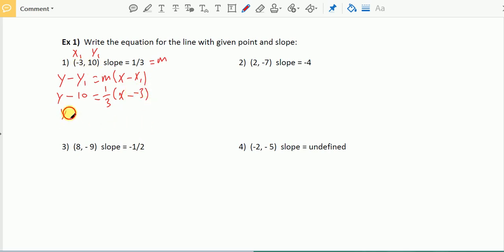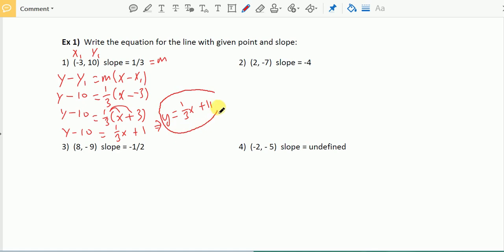So y minus 10 equals 1/3 times x plus 3, because minus of minus. Now I distribute the 1/3 inside. I get y minus 10 equals 1/3 x plus 1. Then I add 10 on both sides. I have y equals 1/3 x plus 11. And this is the equation.